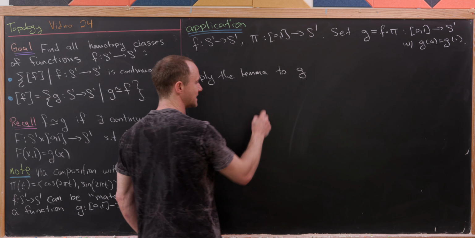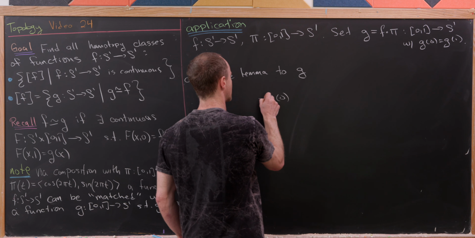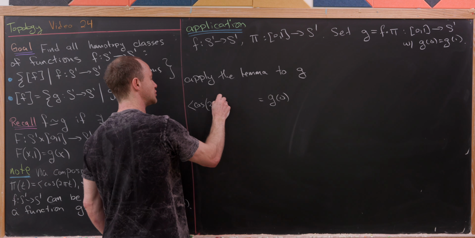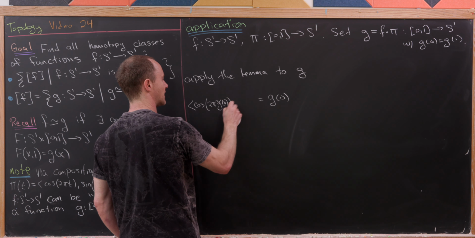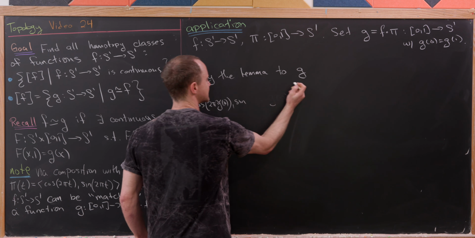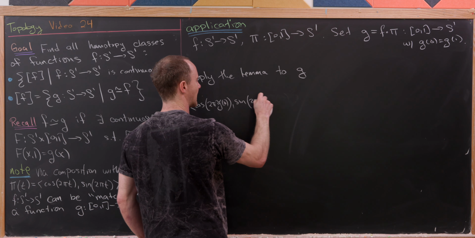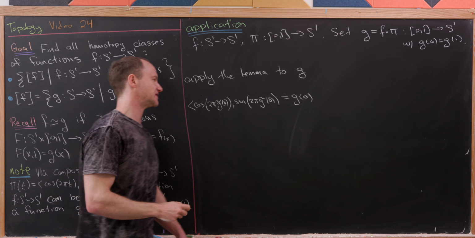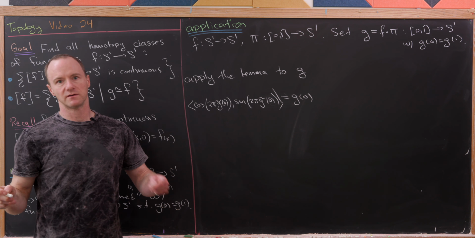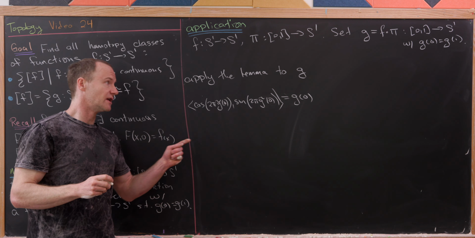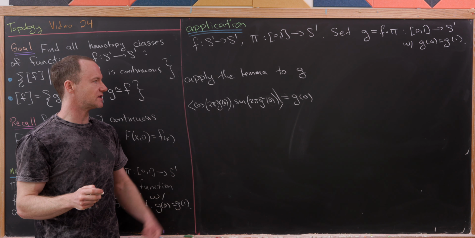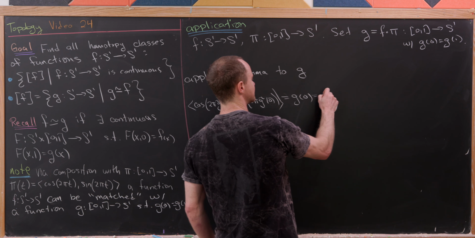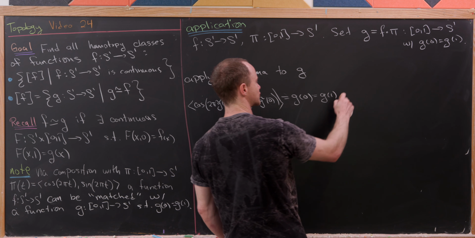Okay, so what that means is that our g evaluated at 0 is of the form cosine 2 pi g tilde evaluated at 0, and then sine of 2 pi g tilde evaluated at 0. So again, that's our function g tilde by the lemma. There's that function g tilde that lifts g into this function on R. Okay, but then g of 0 is equal to g of 1 by our construction over there.